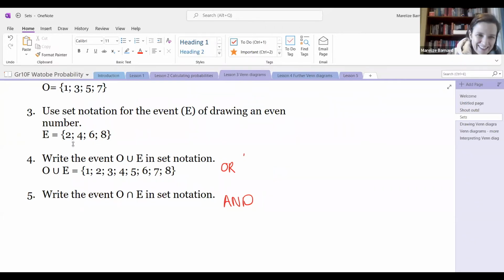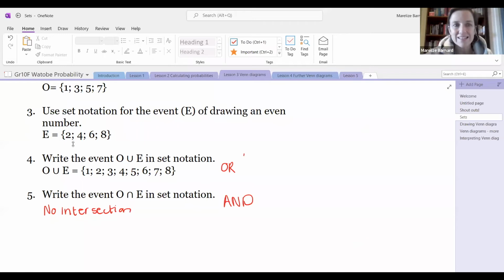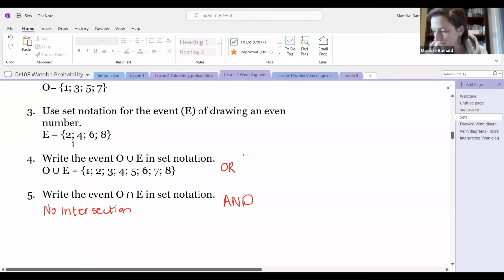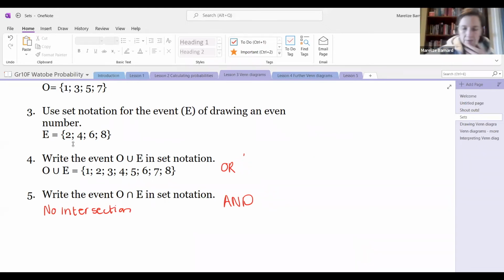No. No intersection. Because a number can't be odd and even. You're never going to get that. Yes, Enrique. Yes, Enrique, you can ask your question. Okay, Enrique, sorry, we have to move on.